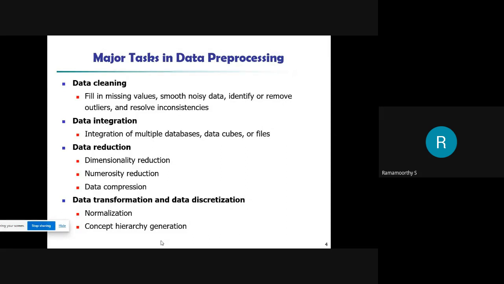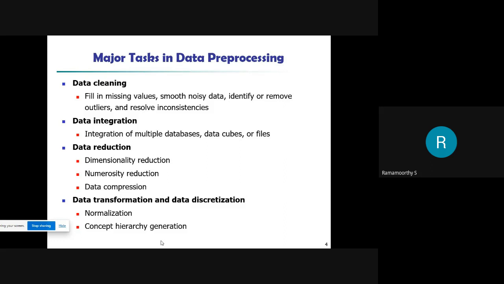The first one is data cleaning. What is data cleaning? Fill in missing values. If there is no value in a particular column or row, then you need to fill it.